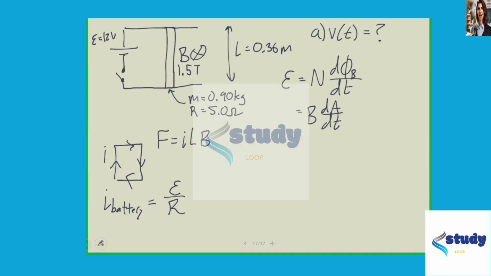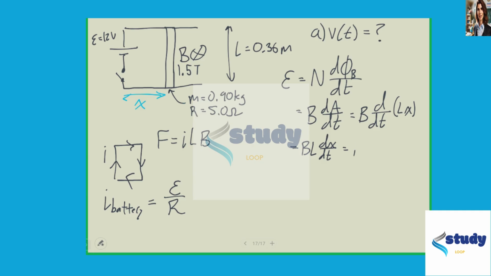What's the area? Well, the area of the circuit is the length times x, where let's say x is this distance. So we weren't actually given that in the problem, but it doesn't matter because the length of the bar isn't changing. So this is just BL dx/dt. And dx/dt is exactly what we want.